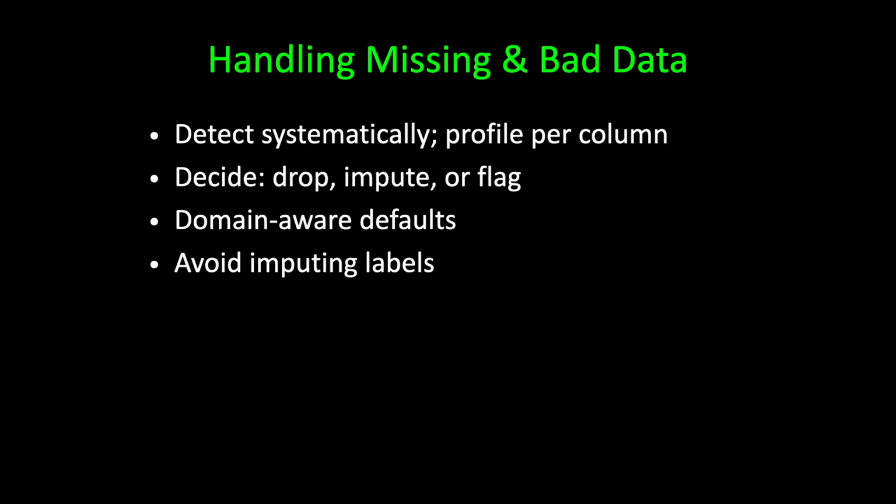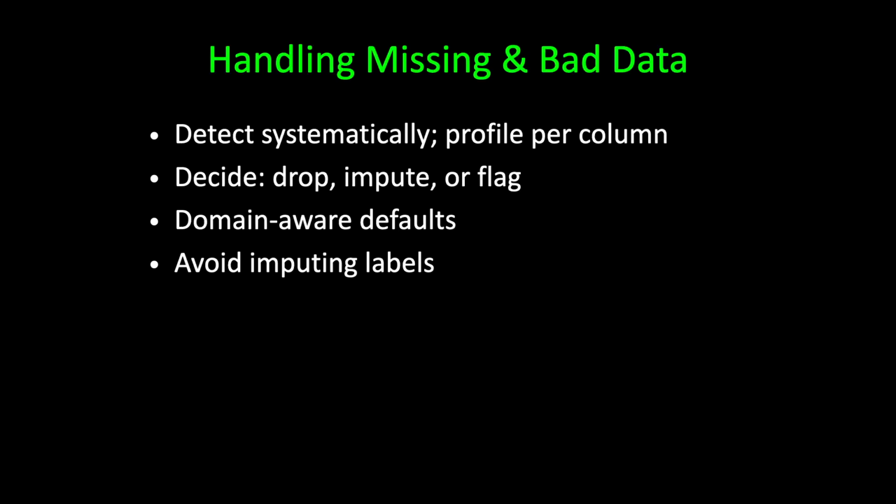For each feature, we can choose a policy. We can choose if something's missing, do we drop that row? Do we impute a value? In other words, do we make up a value based on the average or something like that? Or do we just keep the missingness as a signal? Do we keep that missing value, leave it as missing because that might signal something important in a cybersecurity context?